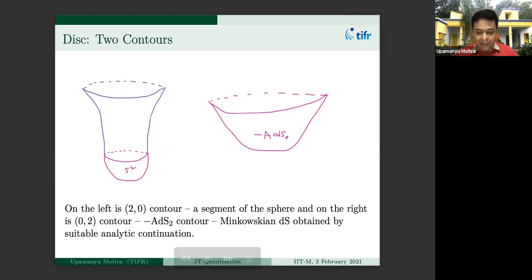Maldacena and friends pointed out that there could be yet another contour which gives very sensible results, called the minus AdS2 contour, which has negative definite signature, with the metric signature minus minus, and then with a suitable analytic continuation, Minkowskian dS can be obtained. And we found that for both of these contours, the result for the wave function of the universe turned out to be the same.